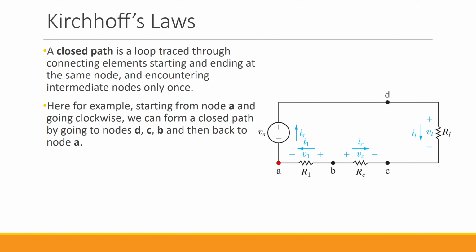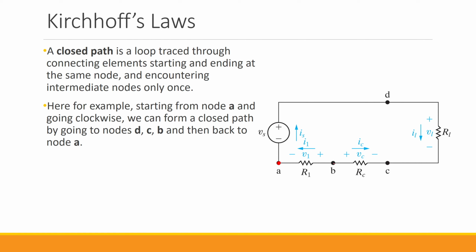So here, for example, you can start from node A, go to node D, go to node C, go to node B, and finally go back to node A. So that is what is called a closed path. You can do the same for B as well: B, A, D, C, B. But this is practically the same loop.